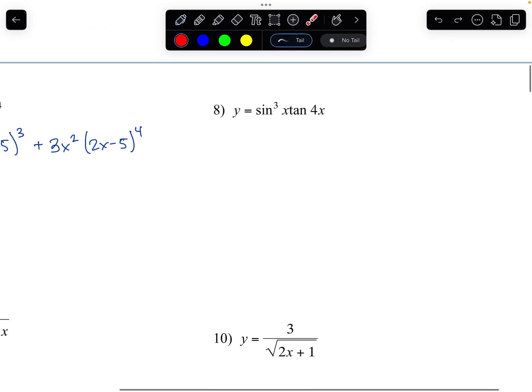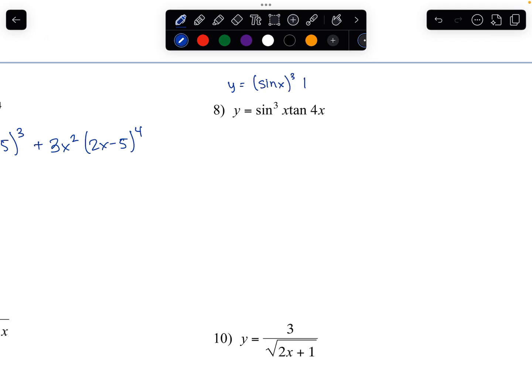Okay, I have another product here. Again, I also see this sine to the third of x, so I'm going to write this as sine of x to the third times tangent of 4x. So you can see that we need the product rule between those two terms, and I'll need the chain rule for both, because there's the sine of x, which is inside of the power, and then I need the chain rule here for inside of tangent.